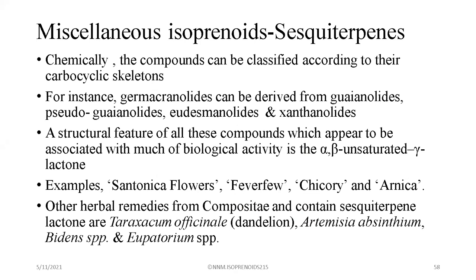Then we get the four classes from the structure in the previous slide. Examples of sesquiterpenes are Santonica flower, feverfew, chicory, and arnica flowers. Then we'll also look at Artemisia. Those are the examples that we will look at.